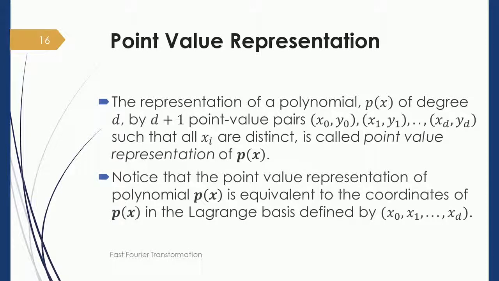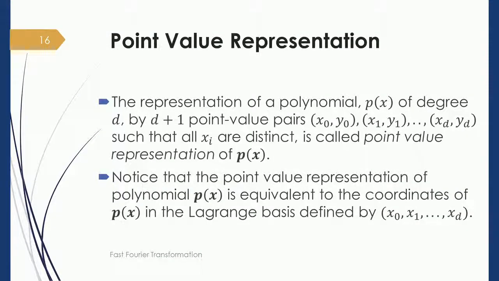Notice that the point value representation of the polynomial p of x is equivalent to the coordinates of p of x in the Lagrange basis. So, if you take the Lagrange basis defined, and now this is important, it must be defined at x sub 0, x sub 1 and so on up to x sub d, then the coordinates in the Lagrange basis are essentially the evaluations of the polynomial at x sub 0, x sub 1 and so on.